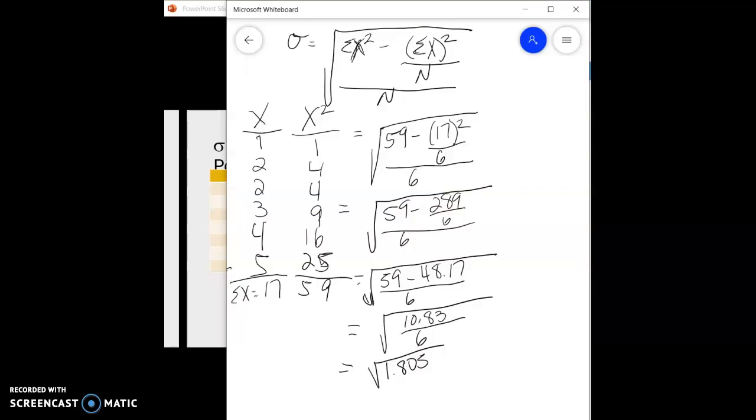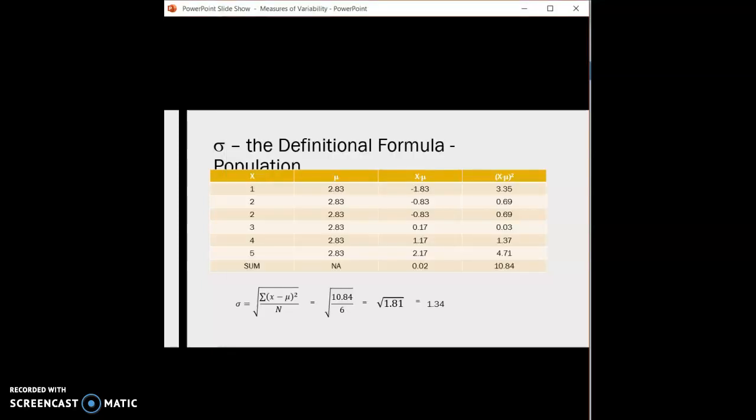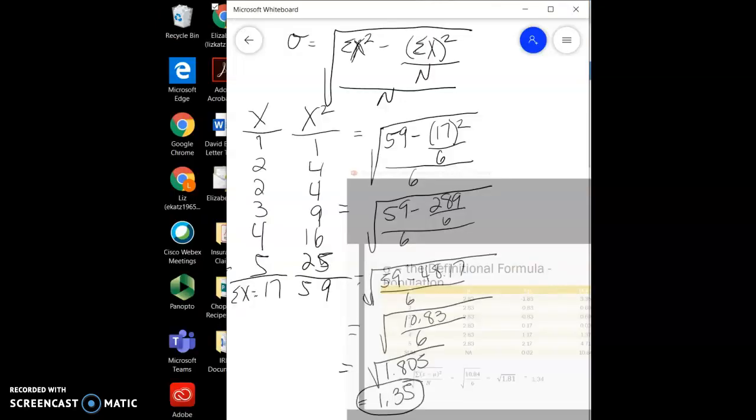All right, and that's going to give us a standard deviation of 1.35. And essentially what we got when we did it with the definitional formula was 1.34. Again, issues of rounding errors.